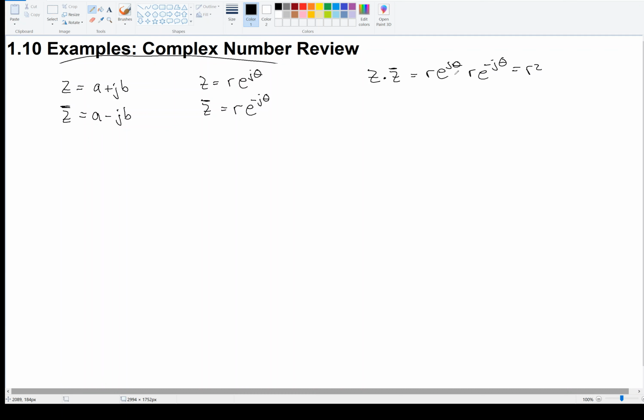And then the e's go away because the same base, add the exponents, e to the 0 is 1. So a number times its complex conjugate gives you the length of the vector squared. Sometimes we call this the magnitude of z squared. We write it like this.